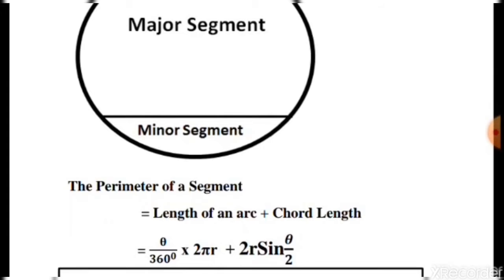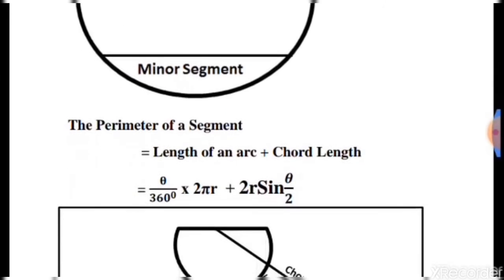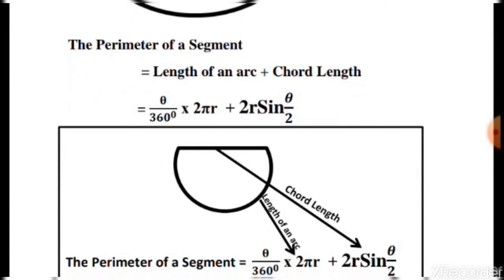And the length of an arc, from our previous lesson, the formula for finding the length of an arc is theta over 360 times 2 pi r, while the formula for finding the length of the chord is 2r sine theta over 2. So looking at the diagram we have here, this is a major segment.